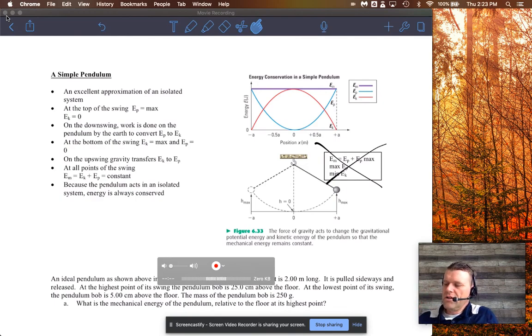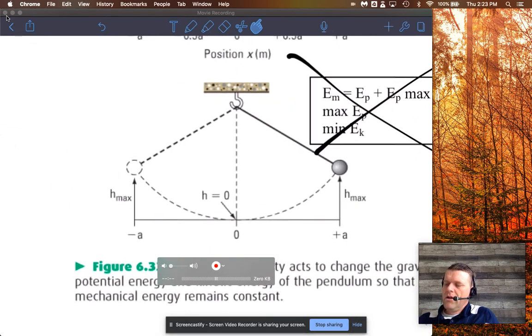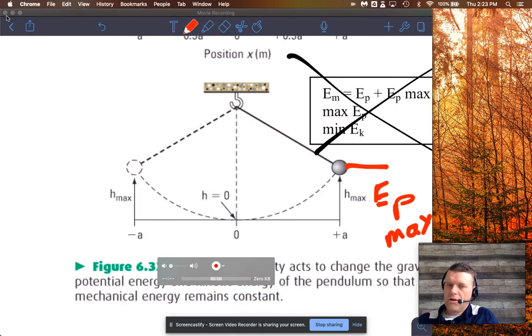So if you can imagine a pendulum here, as you swing it up, when you get to this point, this would be your maximum potential energy, EP maximum. You can calculate that by mgh. Now, you have to be careful with pendulums, because normally we count this line as the reference height, and so a pendulum would have no potential energy when it got back here.